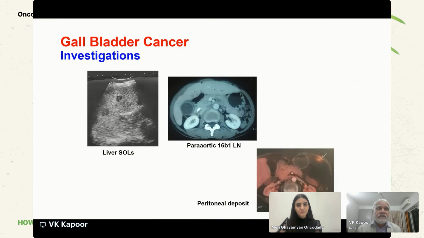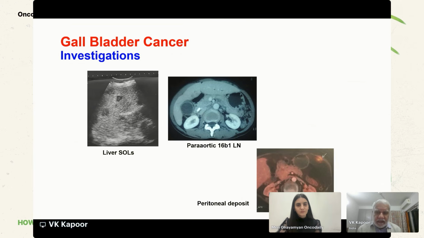Now, if the clinical picture is not suggestive of malignancy and it is like gallstone disease, or if there is a suspicion of gallbladder cancer, the first investigation obviously is ultrasound. Again, some of these cases may show evidence of distant metastasis in the form of space-occupying lesions in the liver, a deposit in the omentum or in the pelvis, and that indicates metastatic disease.